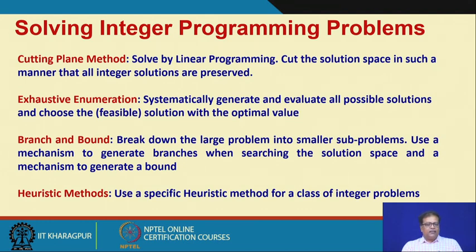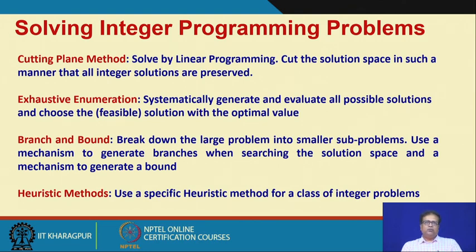After that, you should have a method to generate a bound. Bound means the best possible solution. If it is a minimization problem, it is a lower bound, and for a maximization problem, an upper bound.